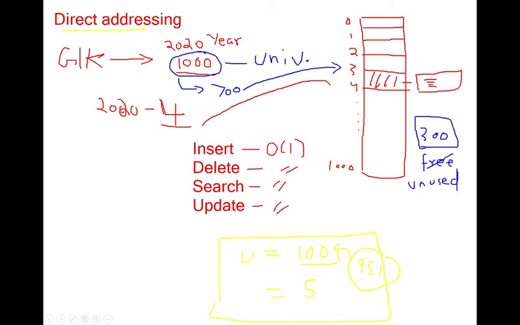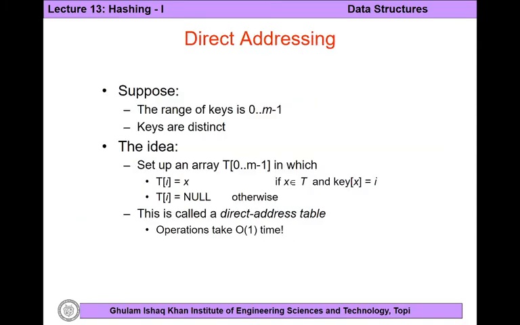So that is also a limitation. For example, if you want to store the CNIC numbers of every person in Pakistan in a direct addressing table, then we will have to make a very large direct addressing table which is not going to fit in the computer's RAM. So direct addressing table is not a good solution here.